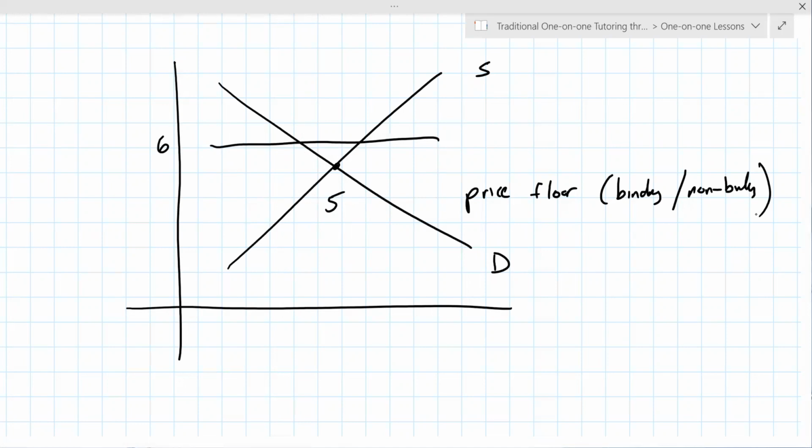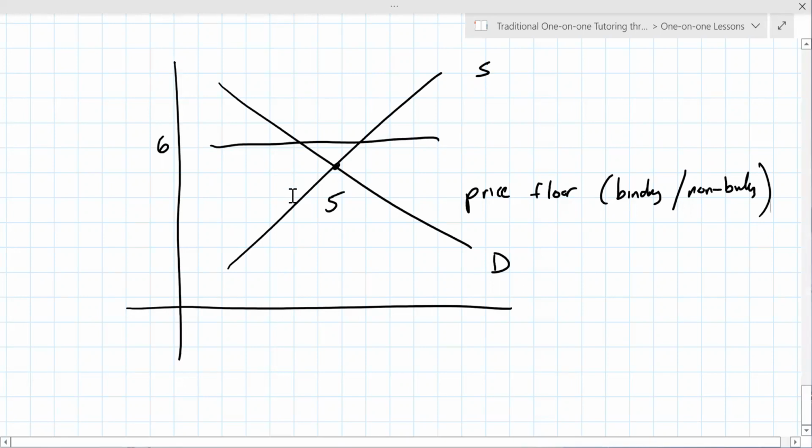What is the issue with having that price be above the market price? So we have to produce a value where we don't really have the materials, right? Because we're producing where supply crosses the price floor.